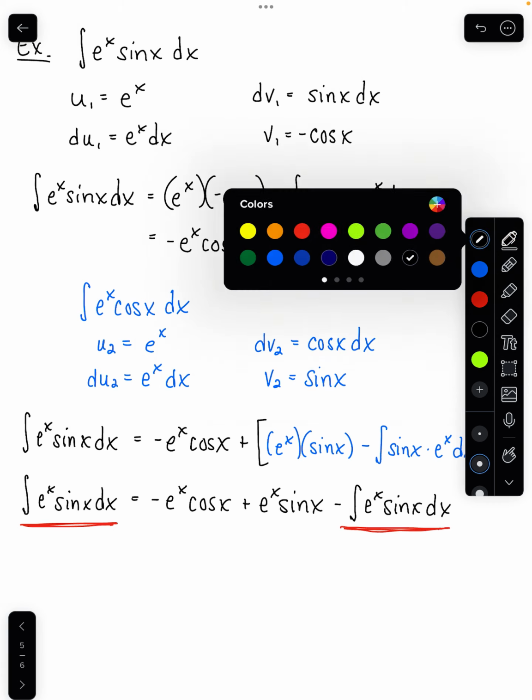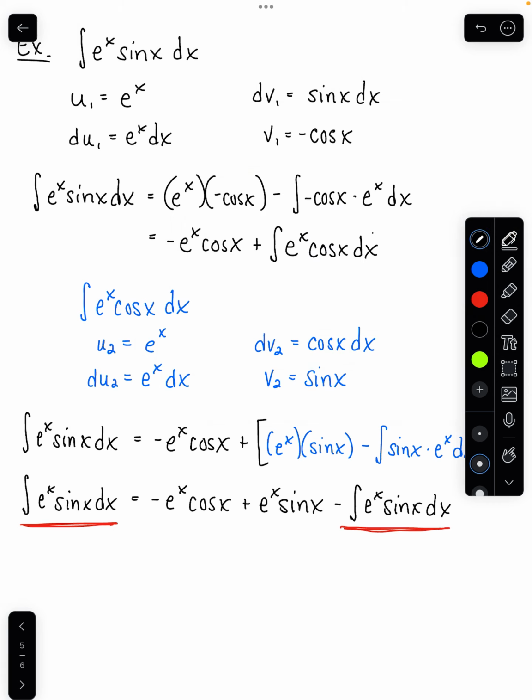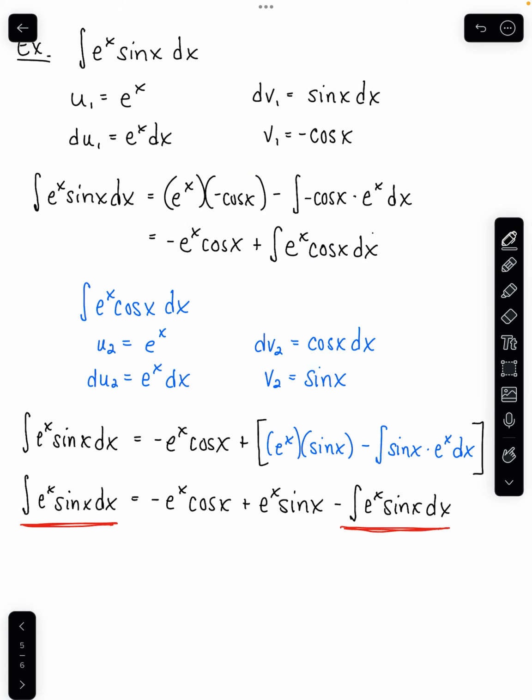Now, at first, you might look at that and go, well, that's kind of annoying because we're right back where we started, but we also have extra stuff. Well, we're not exactly quite back where we started because now what we have is the same term on two sides of the equal sign, which means they can be moved to the same side and combined.